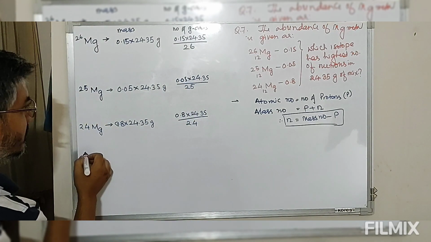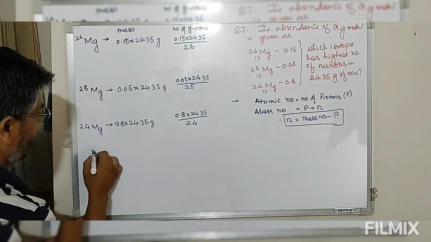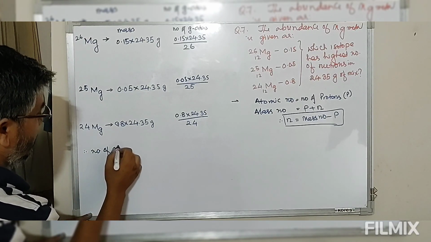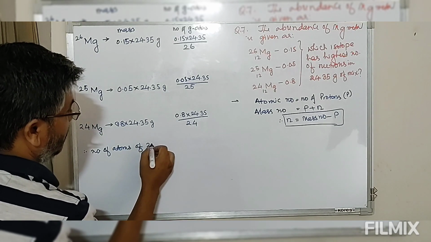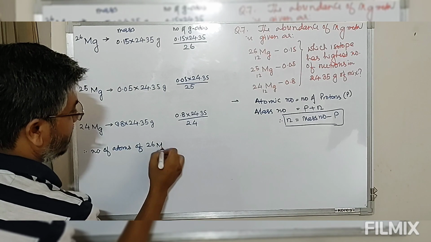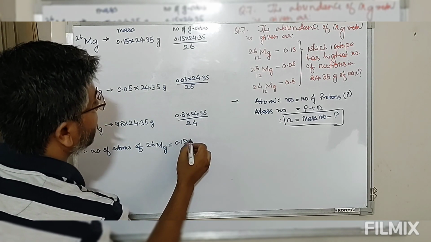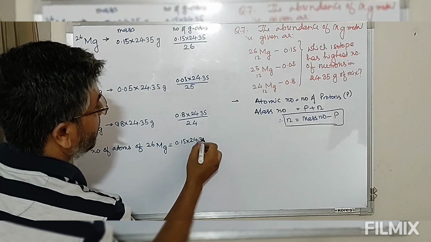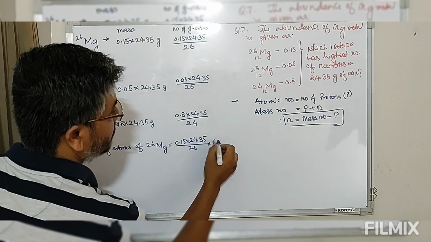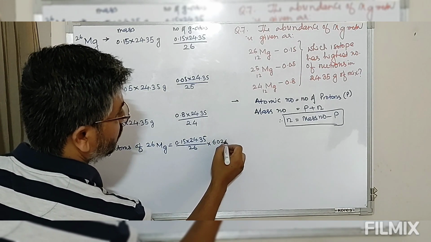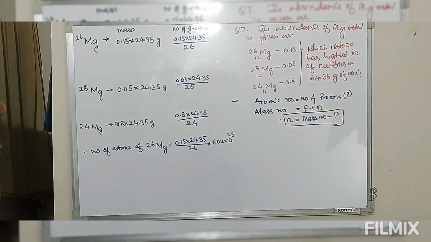Therefore, the number of atoms of isotope 26 is equal to 0.15 into 24.35 divided by 26 into 6.02 into 10 to the power 23.